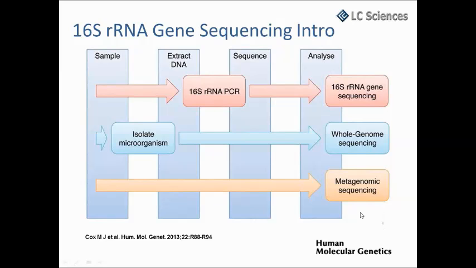So metagenomic sequencing is not a new topic. Before, we always isolated the microorganism first and made it grow in an autoclave or some other culture medium, and then we purified DNA, extracted the DNA from the isolated bacteria, and then sequenced the whole genome by Sanger sequencing or later by next generation sequencing.